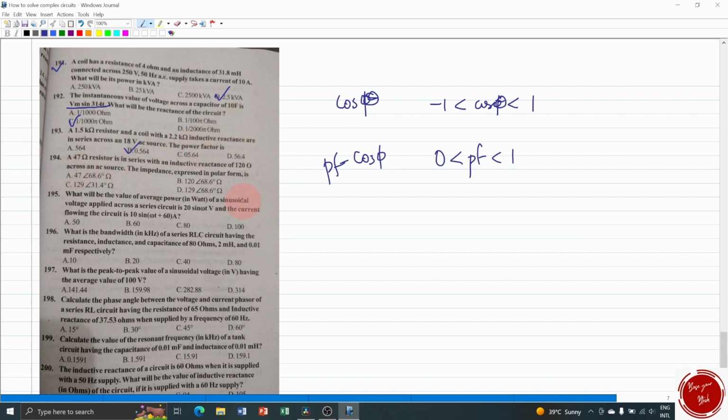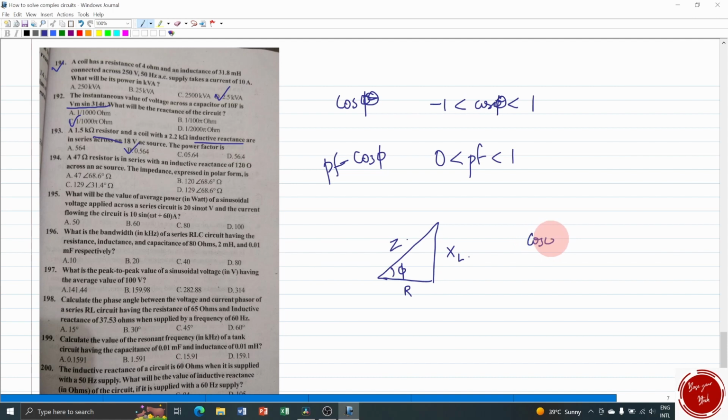And question number 194. See, the proper way to do question number 193 is with cos phi. We have the resistor value and the inductive reactance value. So the impedance triangle is like this. If this is the resistance value, this will be the inductive reactance value, and this is Z. The angle between R and Z is phi.